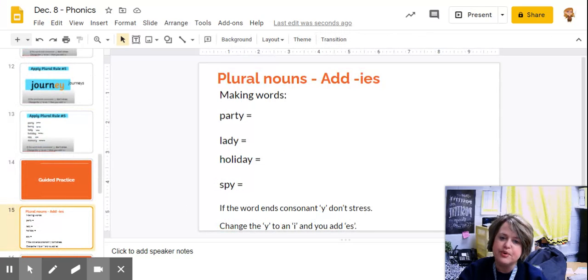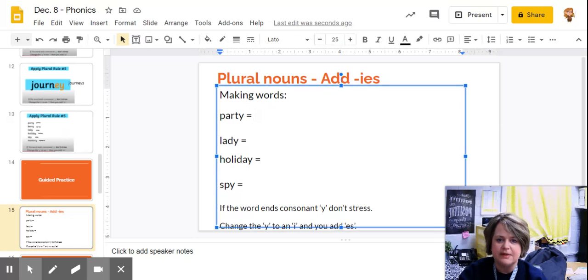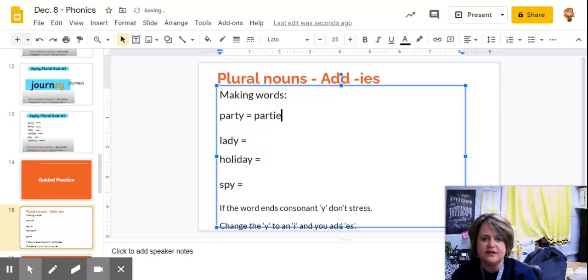So for our guided practice today, making words, we have done some of these already just before. Let's look at them again. Party. Look at the T. T is a consonant, so we are going to change it to parties, I-E-S. Lady, we're going to change that.